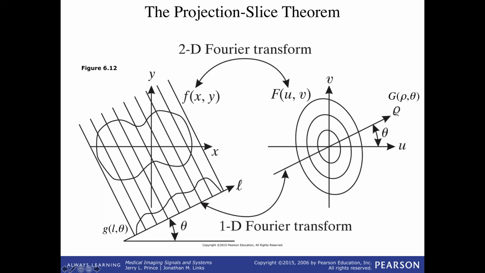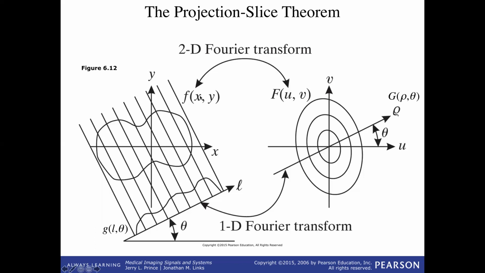We have a 1D function, g of L, and along here we take the Fourier transform of that. It turns out that Fourier transform is a sample of the two-dimensional Fourier transform of the underlying object. Let's let this sink in a bit.